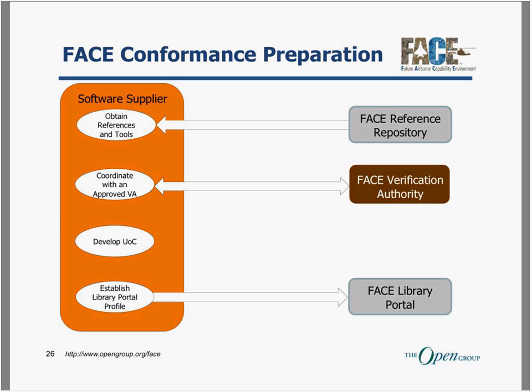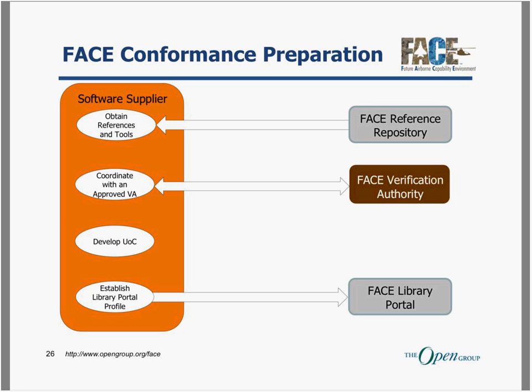So, references, the next thing that is recommended to do in preparation is to reach out to one of the verification authorities and establish a relationship. And there's really two relationships that are there. One, a legal relationship.